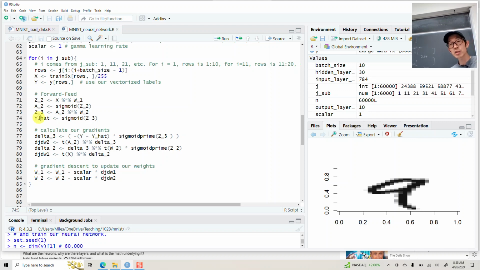Once I have my predicted values, I can calculate the gradient. We have delta 3, which is y minus y hat times sigmoid prime z3. The structure of our network is exactly the same as what we went through when we had the very simple network with only 2 nodes in the input layer, 3 nodes in the hidden layer, and 1 node in the output layer.